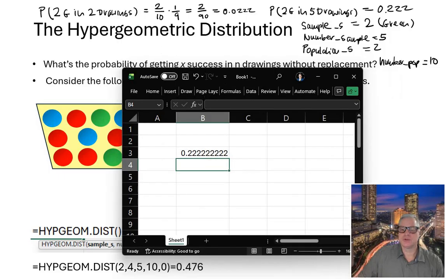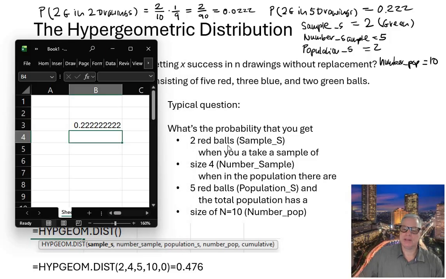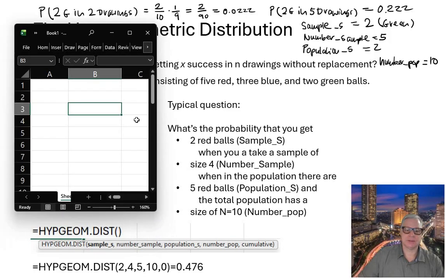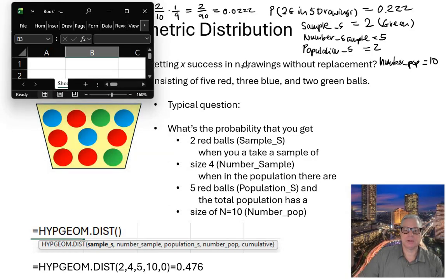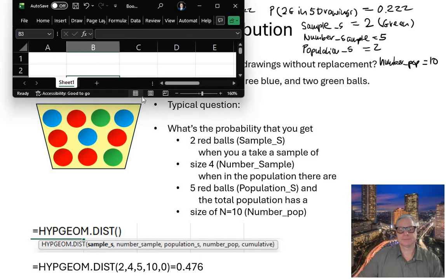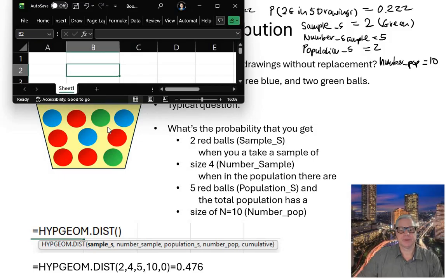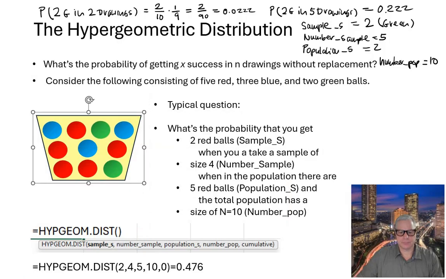Okay, do we have another example here? What's the probability that you get 2 red balls when you take a sample of 4? That's a good one too. Let me make this a little bit smaller and enter it here. Now we have enough space.